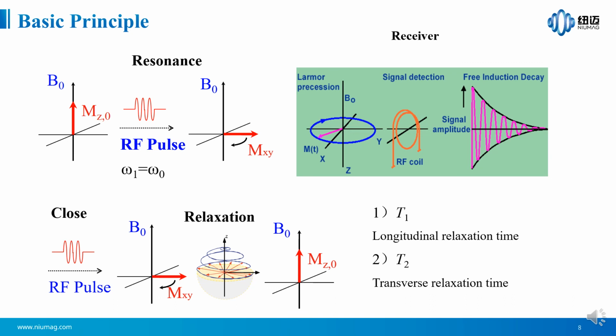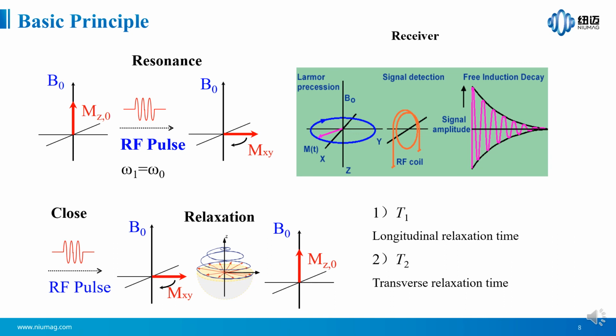In our device, the sample is placed inside the probe. The spiral rise of the magnetization vector will cut the coil and cause a change in the magnetic flux in the coil. And the change in the magnetic flux produces an induced electromotive force or induced current, which the probe detects, and that is the NMR signal.